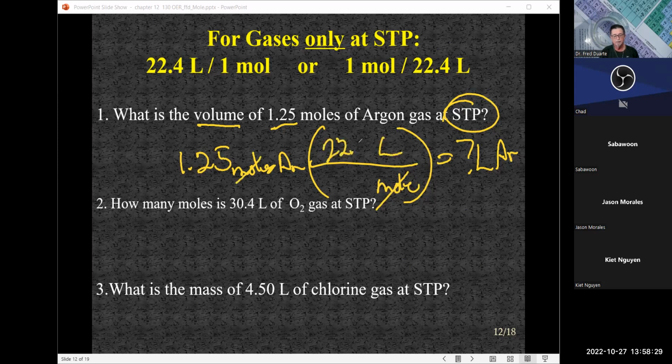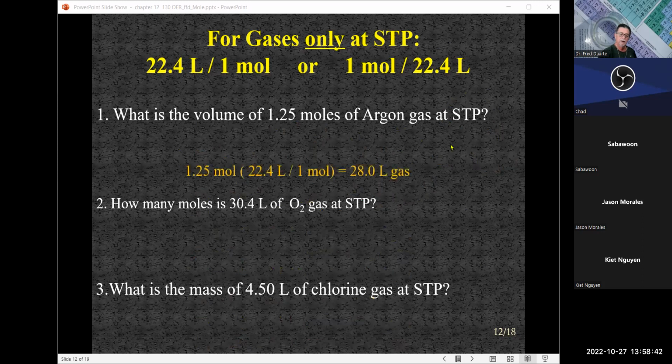So 22.4 liters over 1 mole. I've got my units set up properly to give me the proper units. So 28.0 liters of gas for 1.25 moles of argon gas.